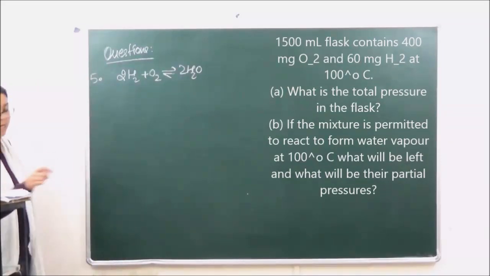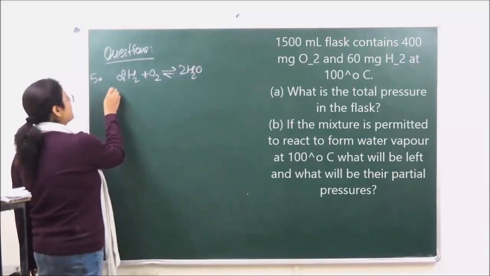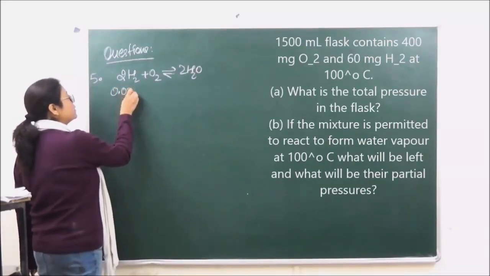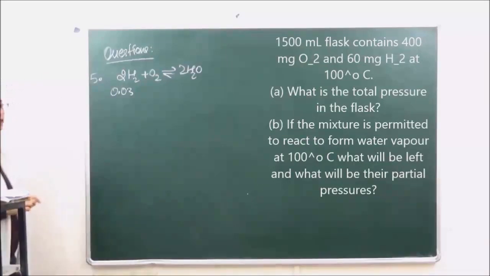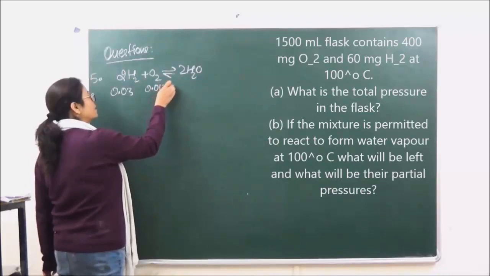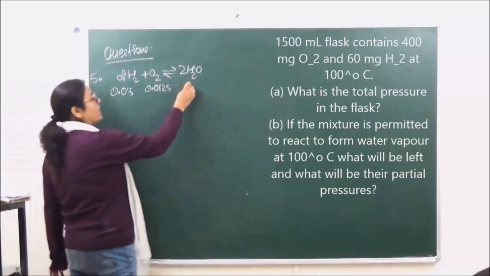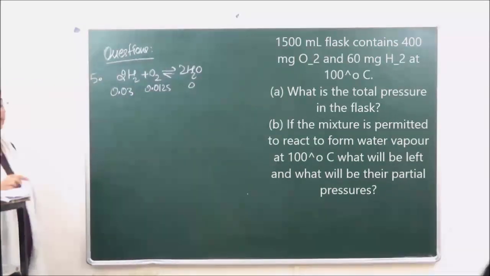Initially, when we calculated the moles, the number of moles of hydrogen was 0.03 and of oxygen 0.0125. And water initially, when no reaction has taken place, is going to be 0.